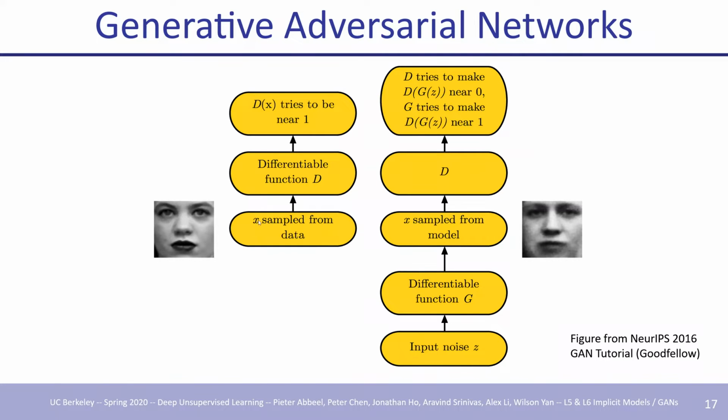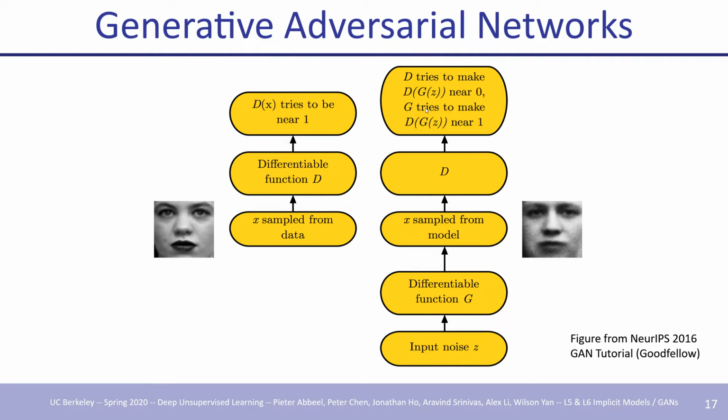So you grab some real data. Discriminator is a differentiable function, and then you say, well, the backprop. You say, well, this is a real one. So backprop, learn that this is one, and learn that this is one. So it will update its gradients.